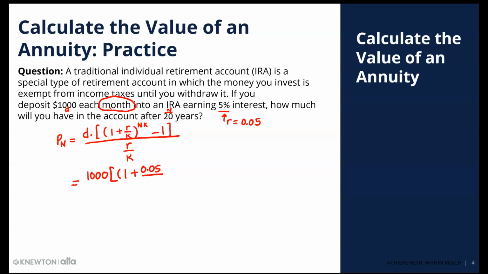So therefore, the compounding periods, K is equal to 12. So divided by 12. Raised to the number of years, 20, times the compounding period, which is 12, minus 1. And then all over rate 0.05 divided by 12.